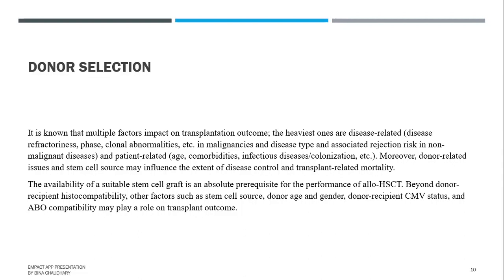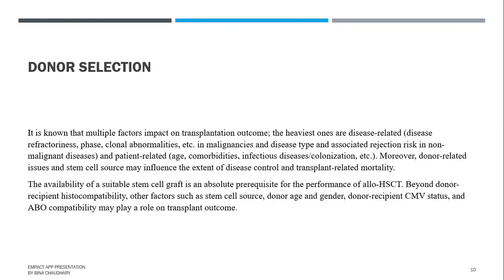Patient-related factors like comorbidities and infectious disease can also impact transplant outcomes. Moreover, donor-related issues and the stem cell source may influence the extent of disease control and transplant-related mortality. These are very important things.